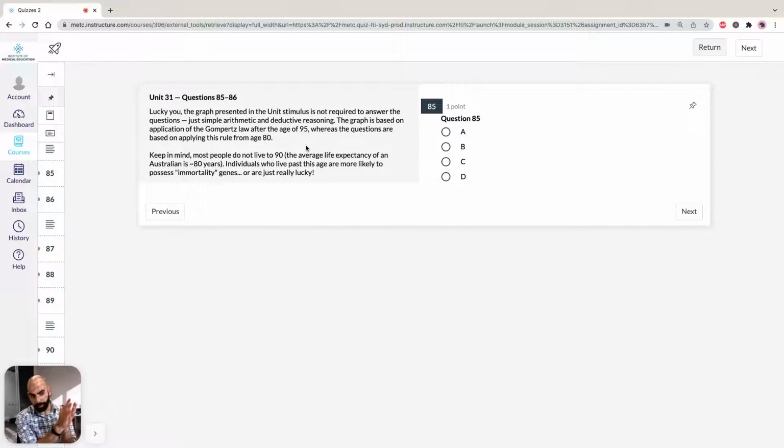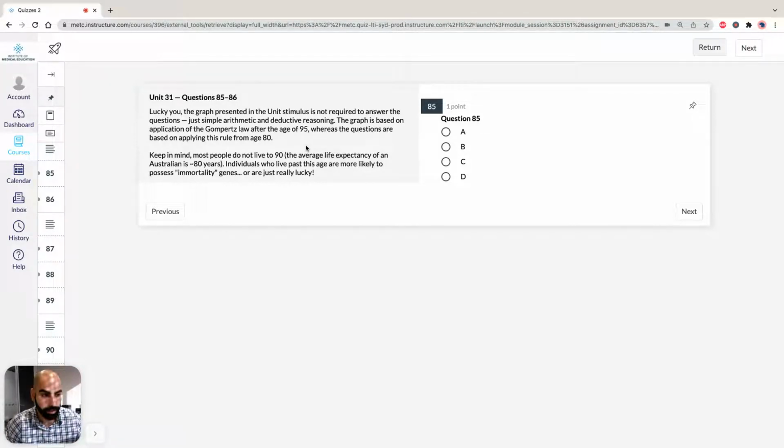Now, if you looked at the figure they provided, you might say, let's take a look at 95, therefore it's going to be 0.4. But that's not correct. Remember, the figure they provide is for applying Gompertz law after the age of 95. We want to apply from the age of 80, so we can't use that figure. The data is not what we want. It's a completely different figure, different values, different numbers.